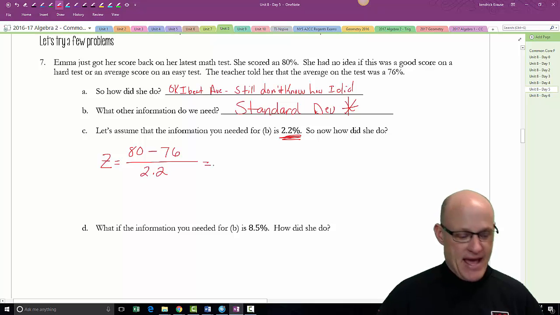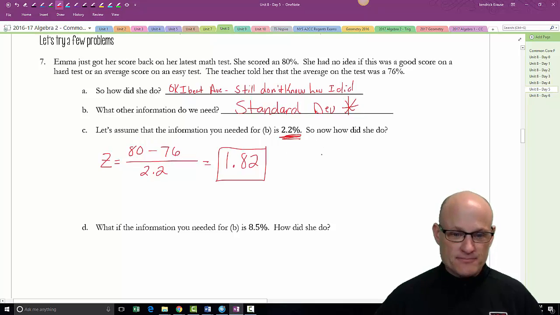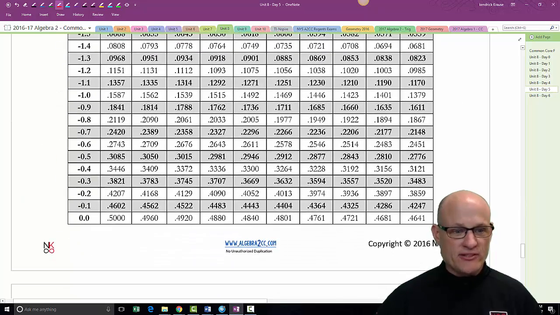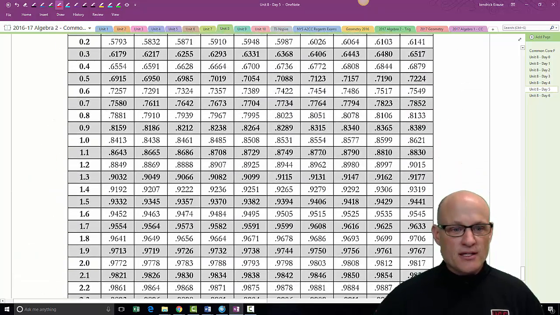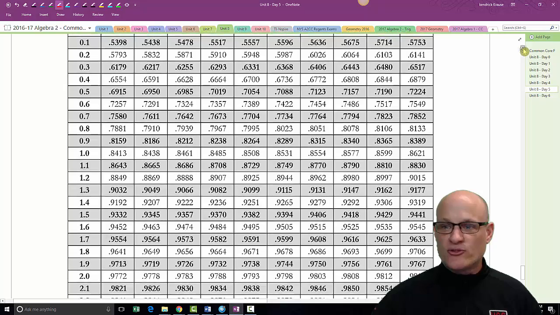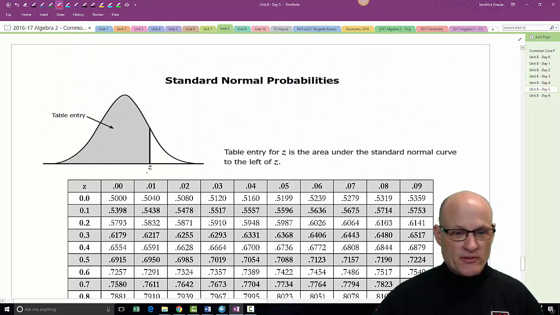Now, if I do that math, I'm going to end up with 1.82 as my z-score. Somewhere, hopefully in your packet, there's a z-table. I scored 1.82 standard deviations above the mean. So there's my z-score, 1.82. I'm going to look that up.